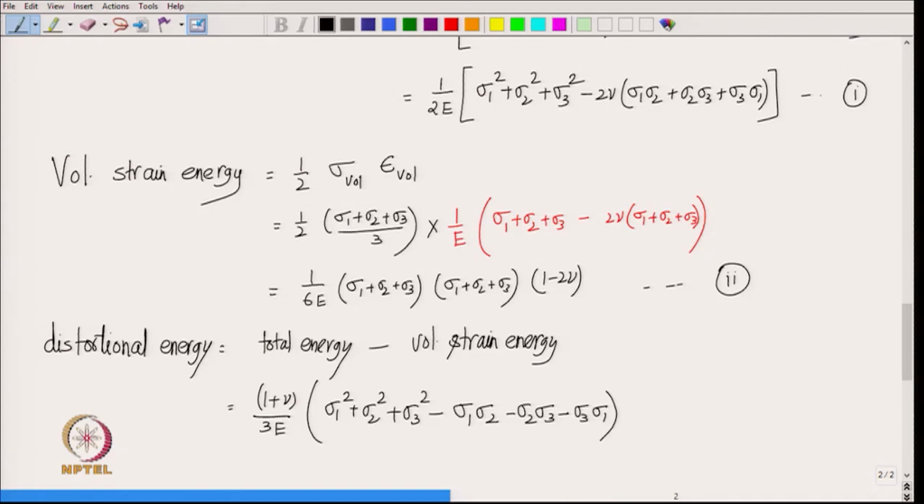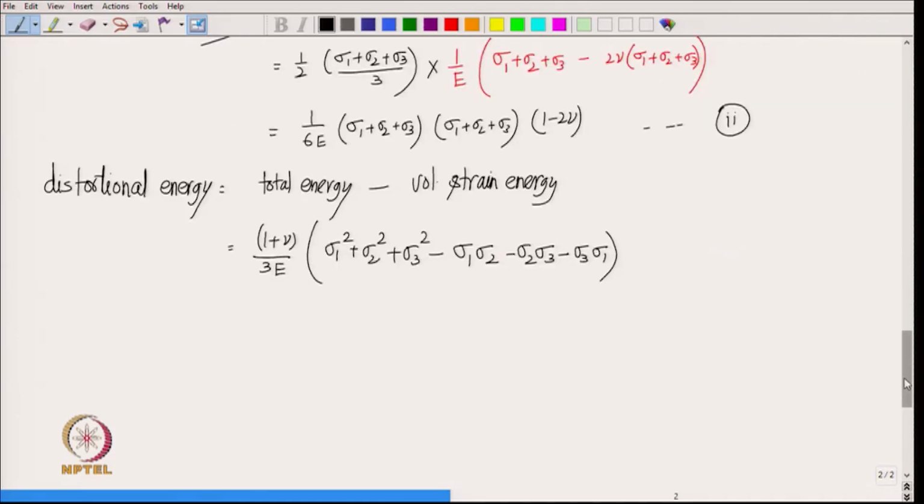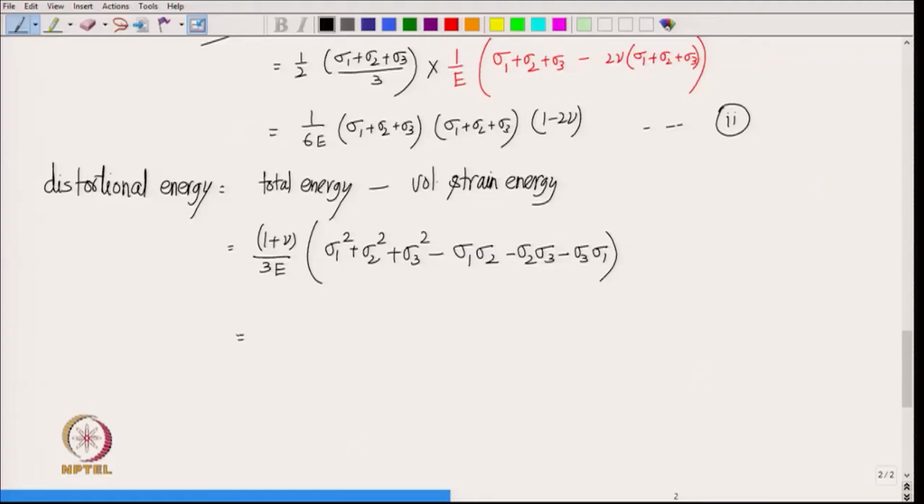So, that is the total distortional energy, and when we do our simple tension test, in case of simple tension test, you only have sigma 11. So, sigma 1 is there, but sigma 2 and sigma 3 are both 0. So, what will be the distortional energy for the simple tension test? So, that is going to be equal to 1 plus nu over 3E into sigma 11 square, is not it?